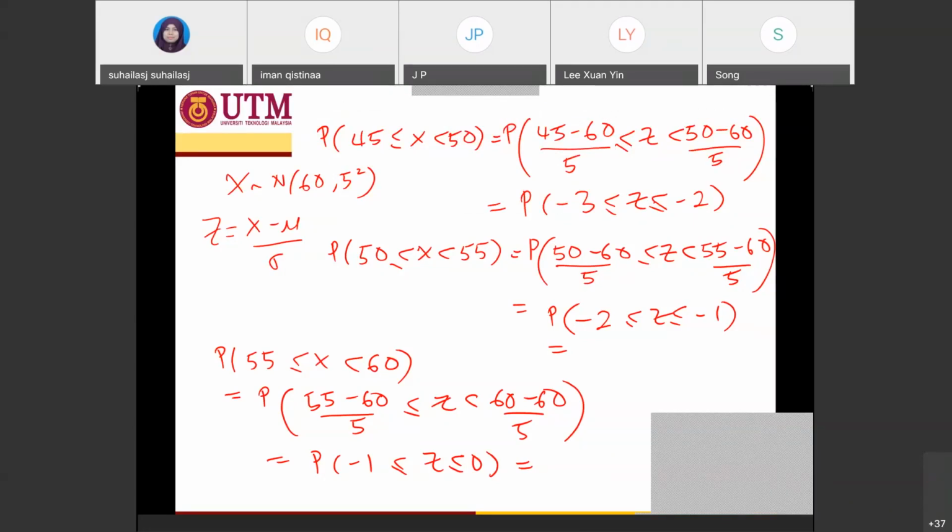Anis Zulaika, what is the answer for the first one, the probability between minus 3 and minus 2? You already have the answer. So this one, minus 3 to minus 2, is 0.0215.